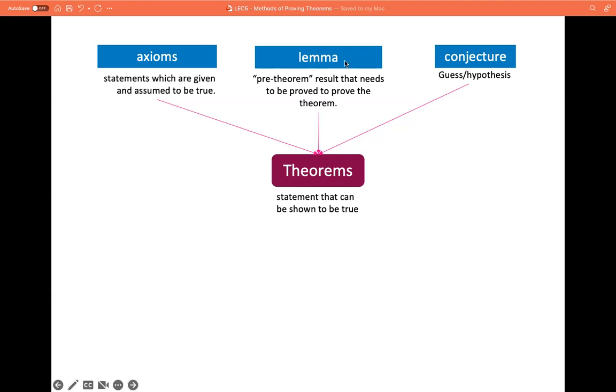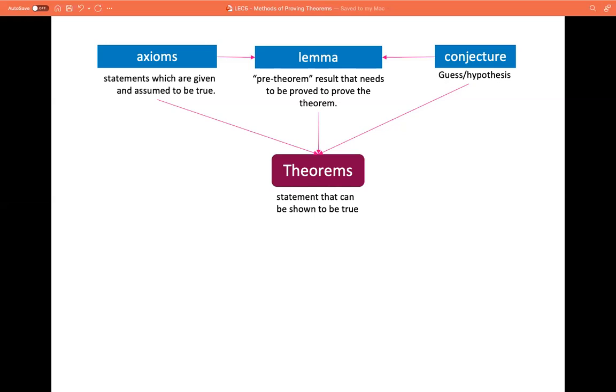These are less important theorems, and this lemma must be proven as well. A conjecture is a guess or a hypothesis that may be made by an expert or may result from partial evidence. A lemma is a pre-theorem result that needs to be proved to prove the theorem.